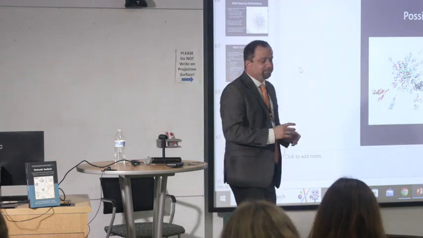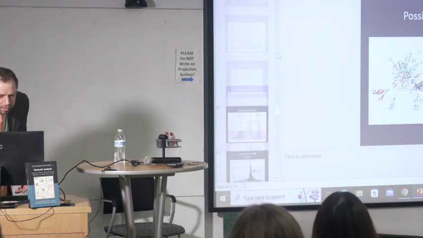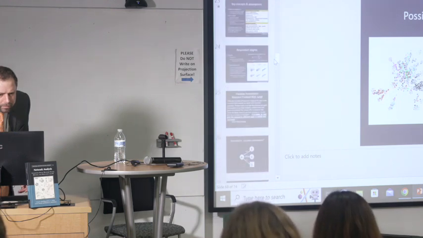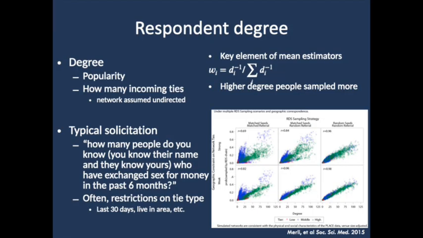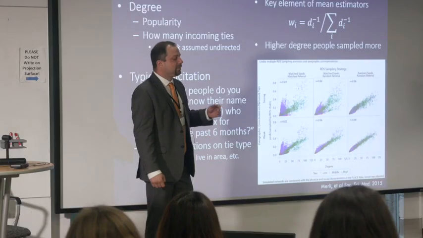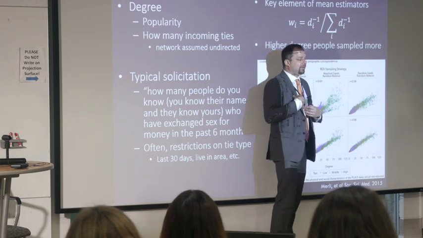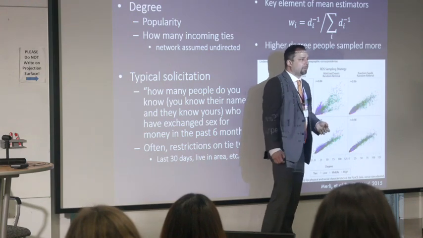The most basic one is this, where you take people's degree over the sum of all degrees in the network, which is I believe a Hajek estimator, a Thompson-Horvitz estimator to estimate popularity. So it's sort of like your relative popularity. The more popular people get a smaller weight, the less popular people get a larger weight.